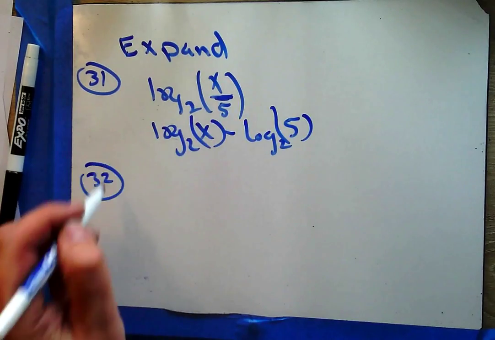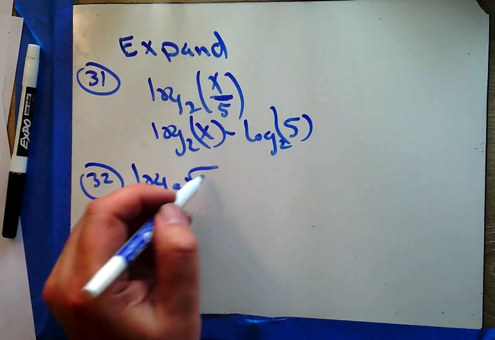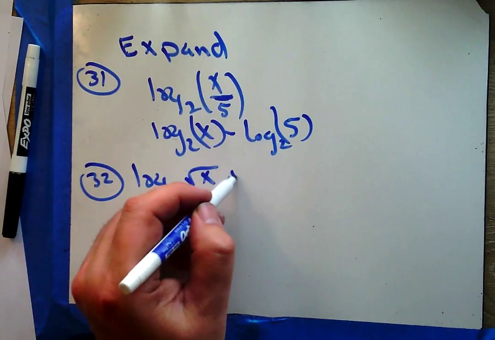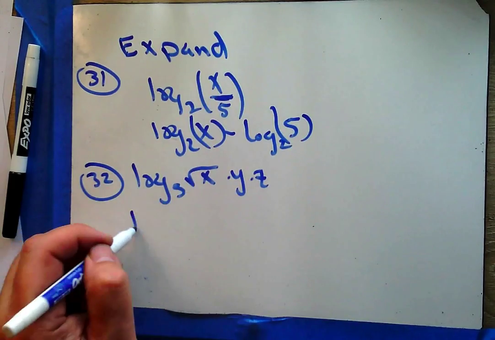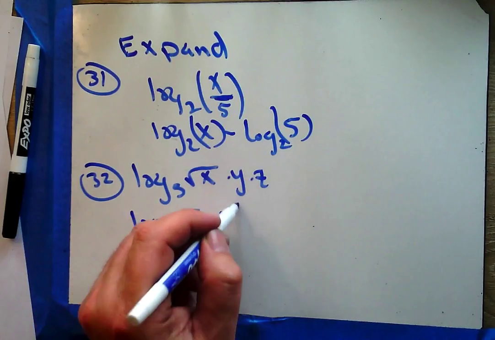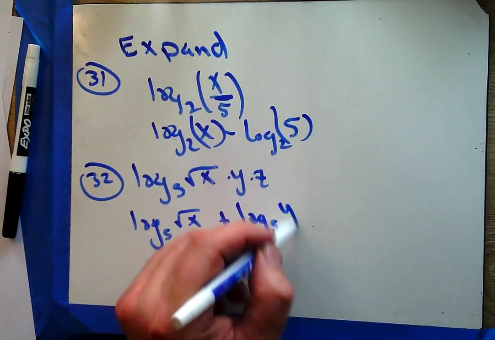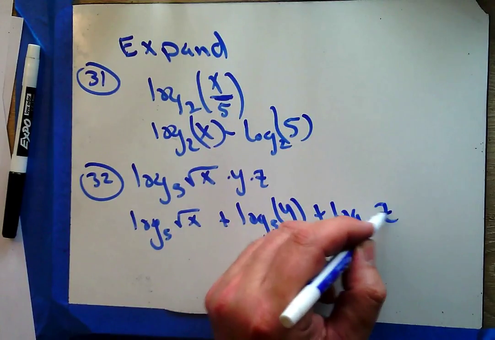And 32, we've got log base 5 of square root of x times y times z. Well, I see my product rule here, so I can split this up into log base 5 of square root of x plus log base 5 of y plus log base 5 of z.